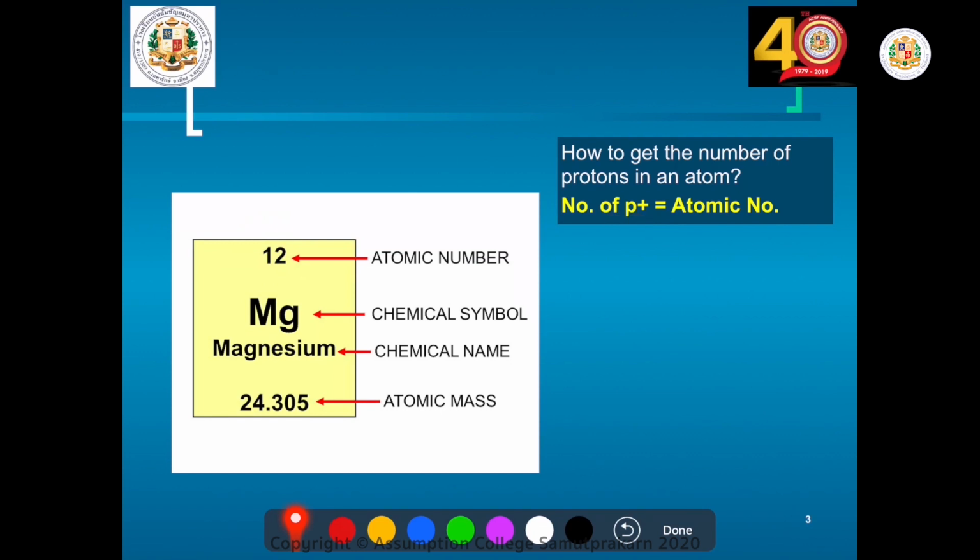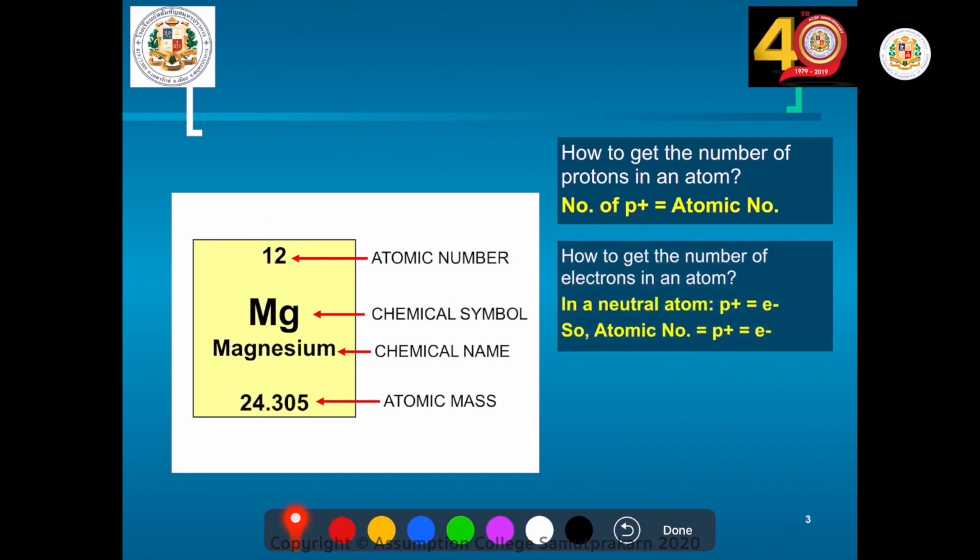Very good, it's also 12. Now, to get the number of electrons, we have to remember that all the elements in the periodic table are assumed to be neutral. And when we say neutral, the number of protons is equal to the number of electrons. Therefore, the number of electrons is equal to the atomic number. So if there are 12 protons in this example, then there should be 12 electrons as well.